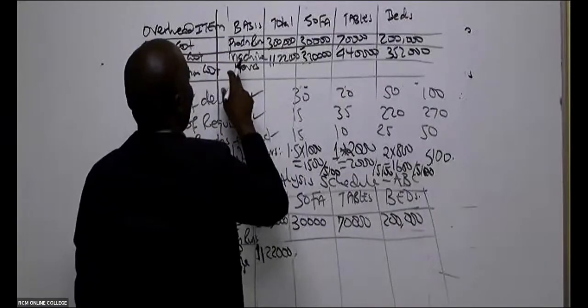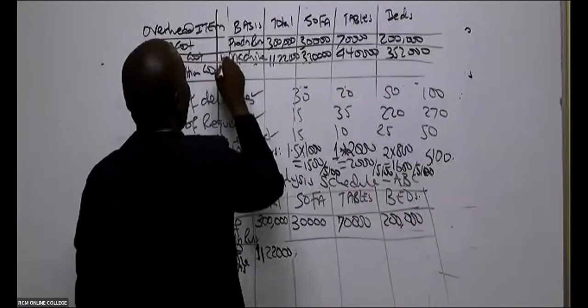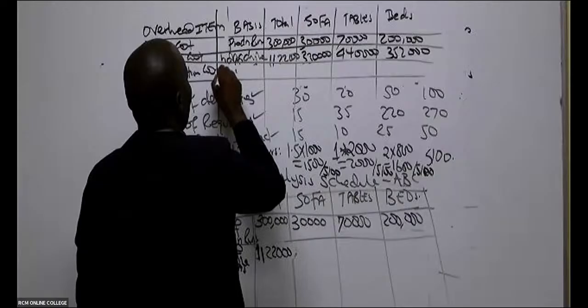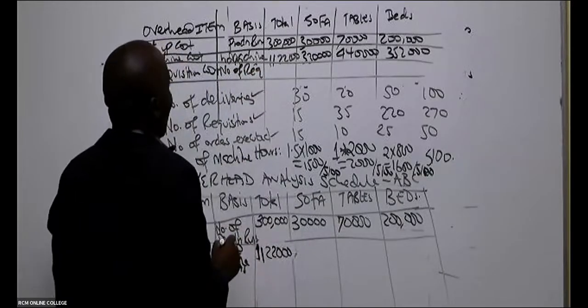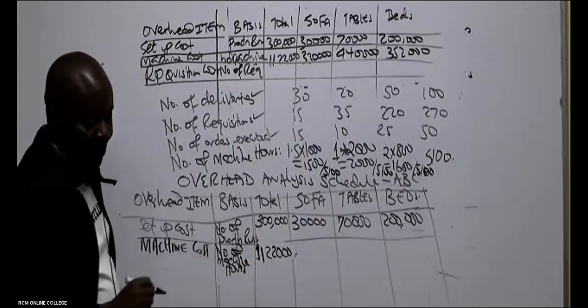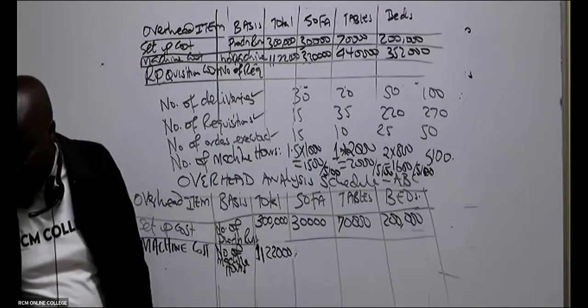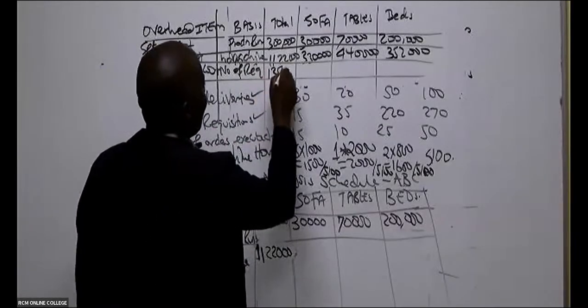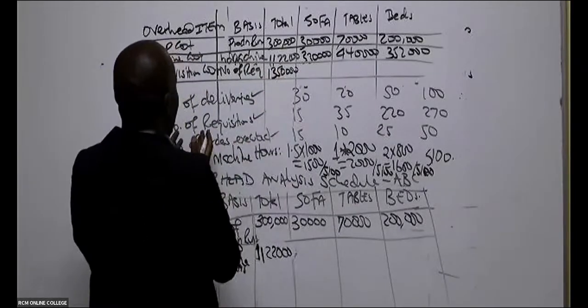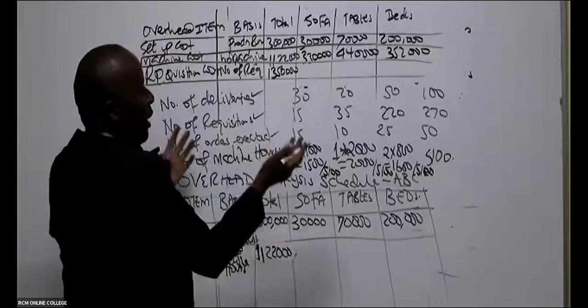And what is this total requisition cost? 1,350,000. Do we have this criteria number? If they are here, and I already have the total.